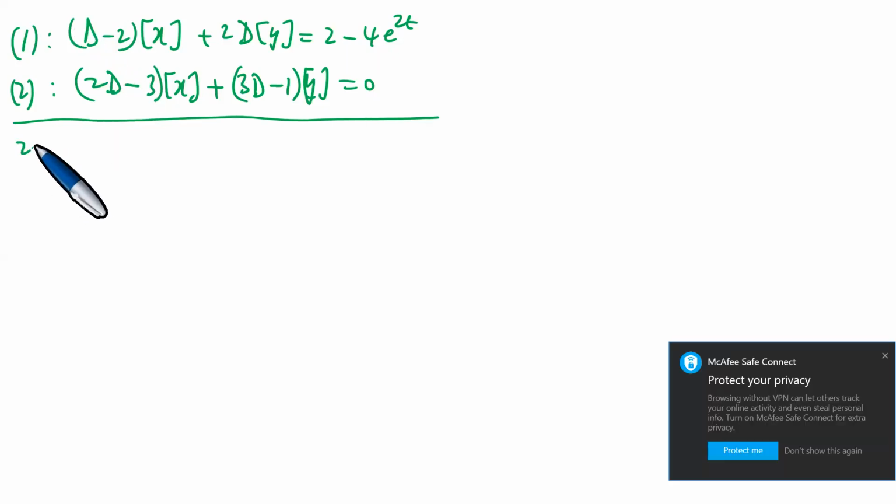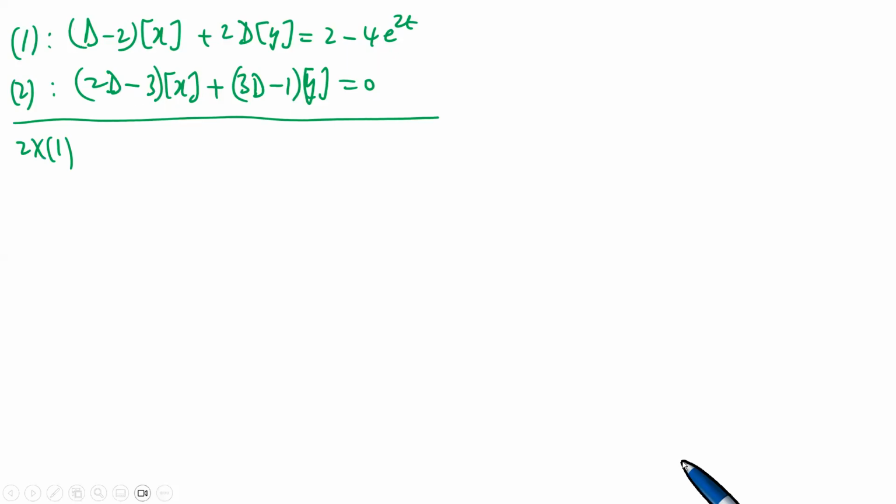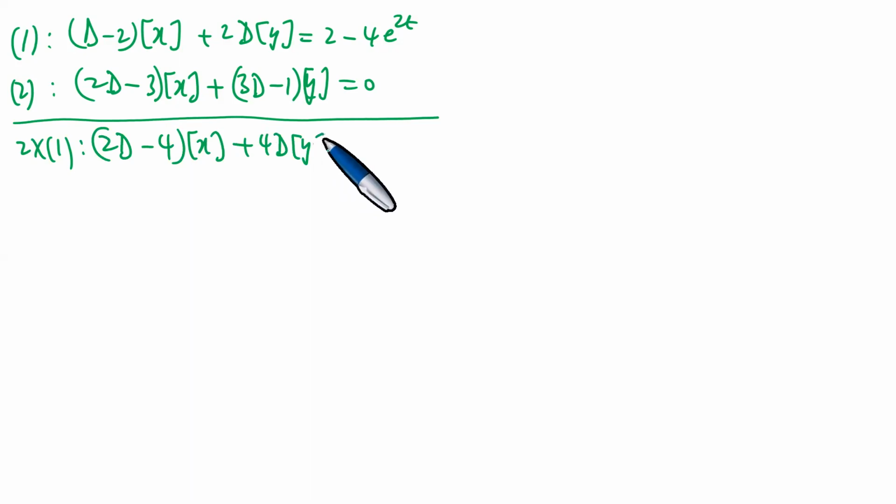So we're going to say the number 2 times equation 1. Right, so if we do that, it's going to be exactly twice d minus 4 operator on x, and then we multiply, it becomes 4dy, which becomes exactly 8e to the twice t.